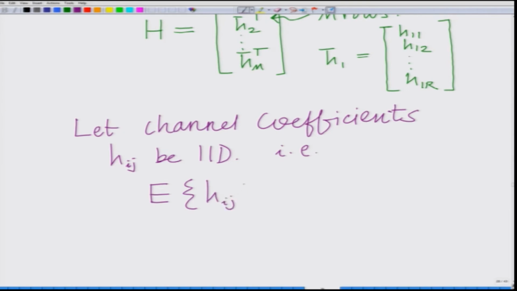Let us assume zero mean: the expected value of Hij equals 0, which basically implies zero mean.